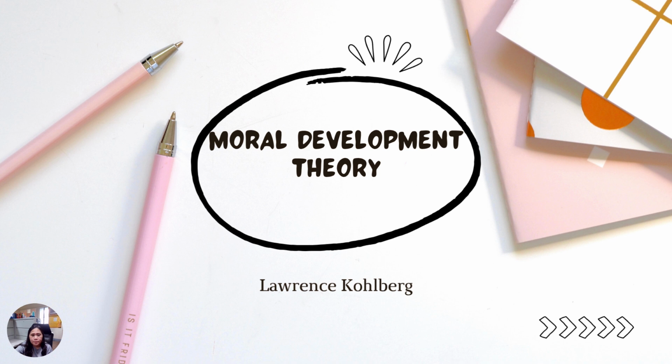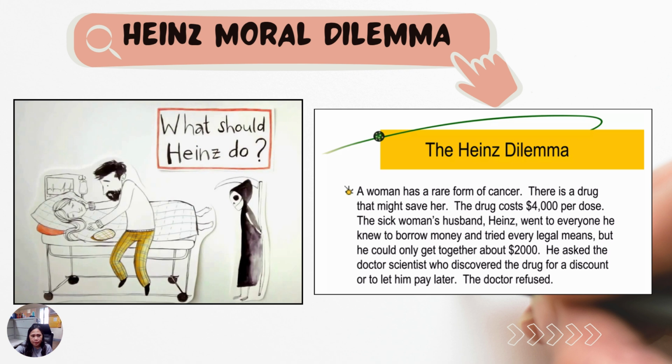So, to illustrate these moral dilemmas, let's look at Kohlberg's famous Heinz dilemma. Let's imagine the situation. Heinz's wife is dying of a rare disease, and there's only one drug that can save her life.